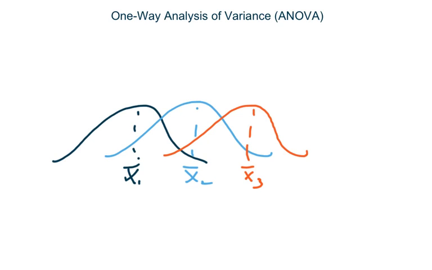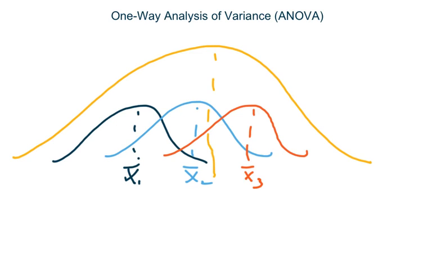In other words, the assumption is that all three samples came from one population with its own mu. And we just happen to get three groups that differ by a little bit because of sampling error. That would be the null hypothesis. And that means that this group differs from mu just because of sampling error. That group differs from mu just because of sampling error. And that group differs from mu just because of sampling error.